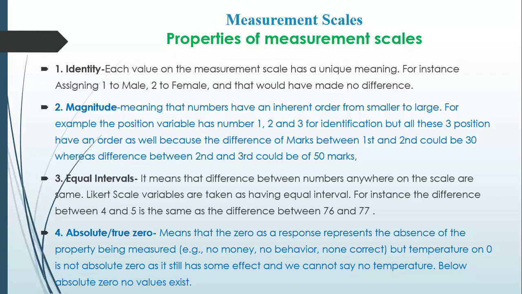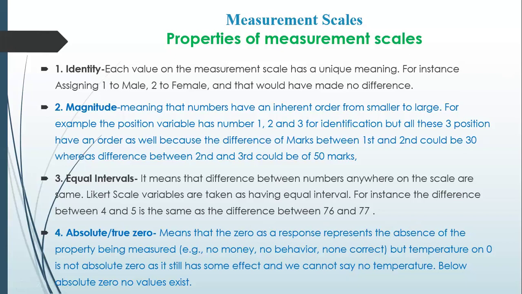So you can understand the difference from the third one, which is equal intervals. Like that we give magnitudes as the second one, and there should be equal intervals. It means if we take numerical values like 4 and 5, the difference is 1, and for 76 and 77 the difference is also 1.